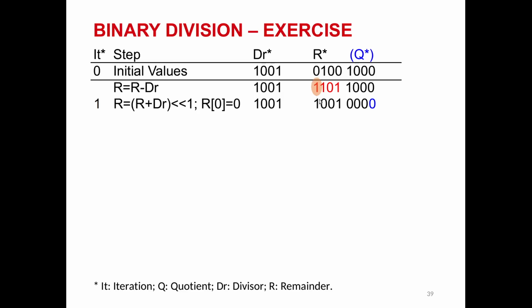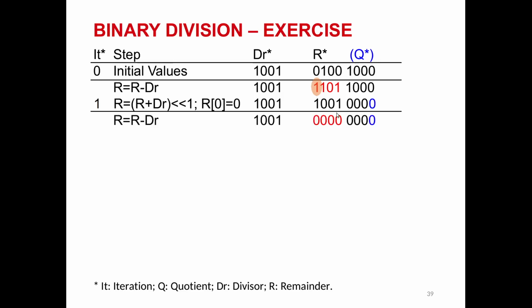That's why after this step you will need to take this value of r plus together with dr, and then you shift to the left together with adding the final bit of r here by 0. And then we now move to the second step.